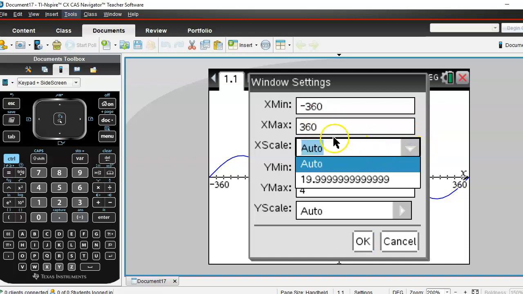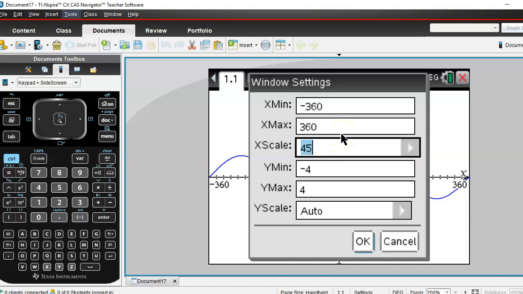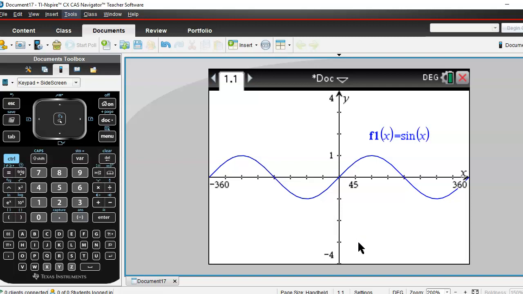So here I might decide, well, I want that 45 degrees. That sort of makes sense. That's not too bad. I can decide on half, or let's make it 1. And there we go. There's a better looking graph, isn't it? I could have that a bit less. Let's leave that for now. I'm not going to fiddle with that label too much now.